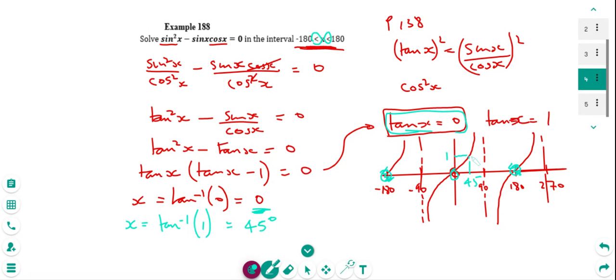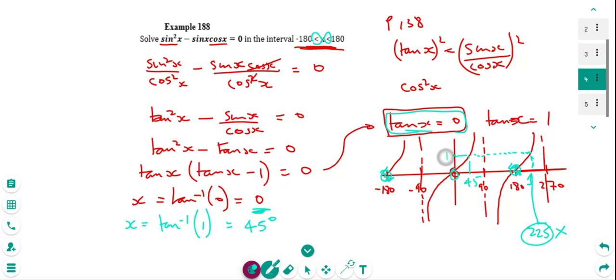If we project it across, then we go out of our range. That would be 180 plus 45, so 225, but that's not in our range, so we're not interested in that one.